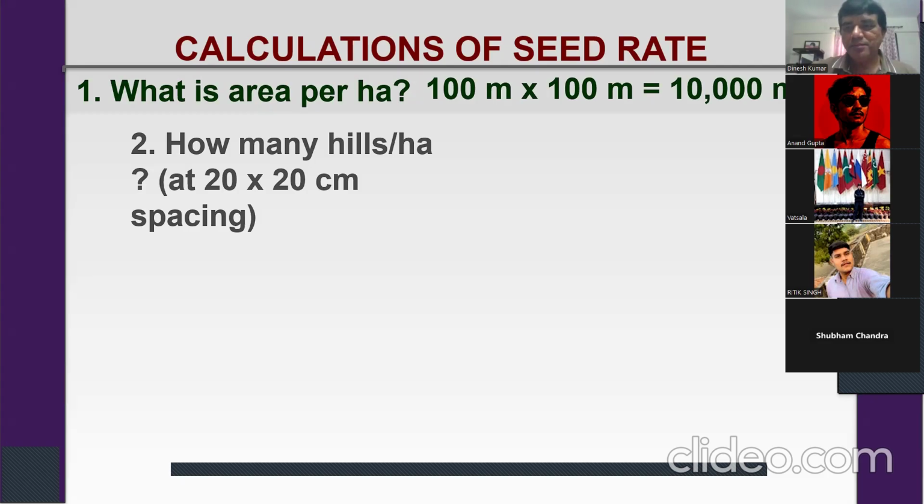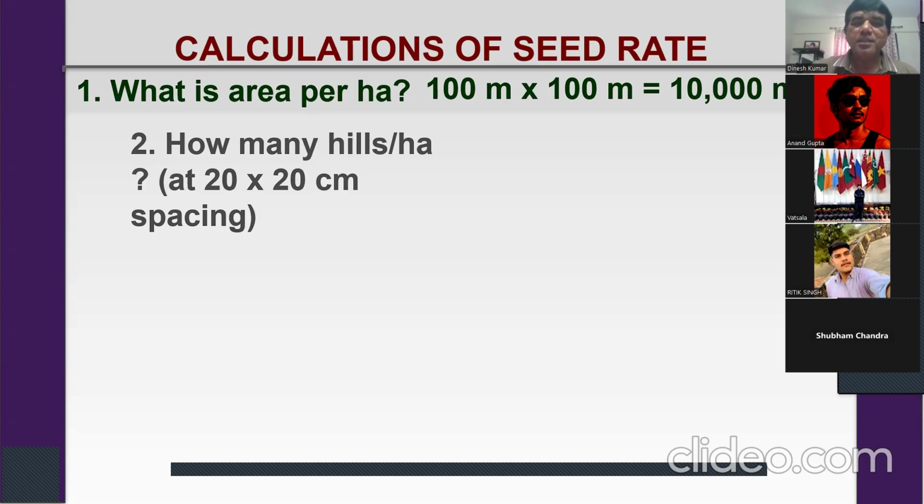Anand? Yes, sir. How to do it? Sir, area upon spacing. Good. Area upon spacing. So the unit of both has to be the same. Either it has to be in meters or it has to be in centimeter. If the area you are taking in meter square, then the spacing should also be converted into meter square.